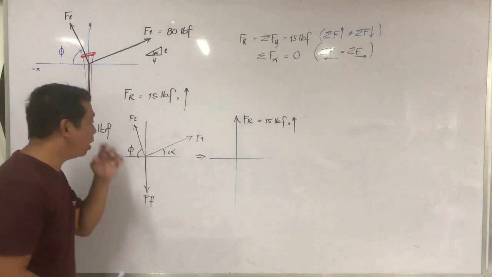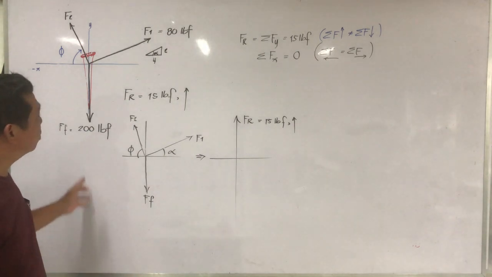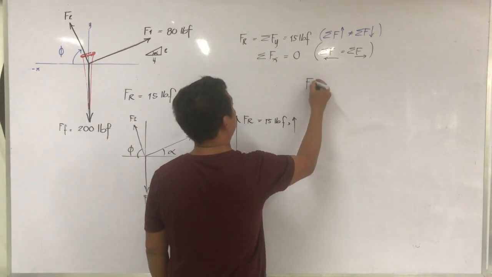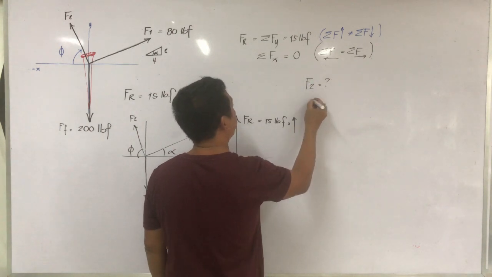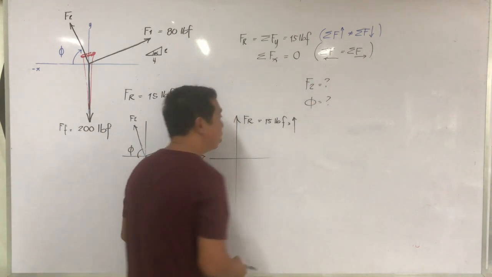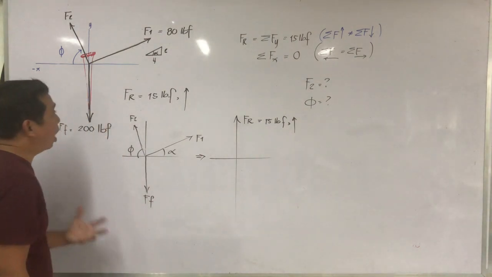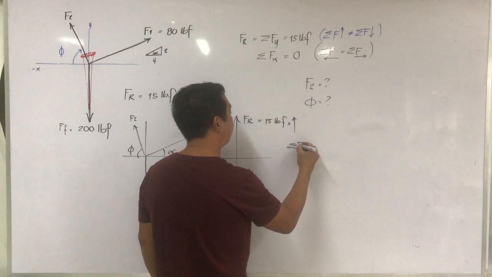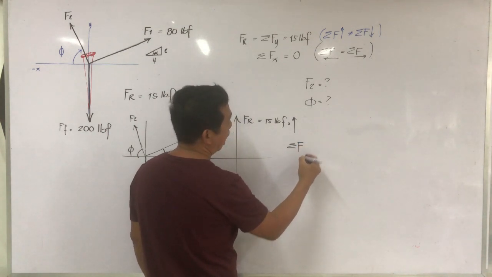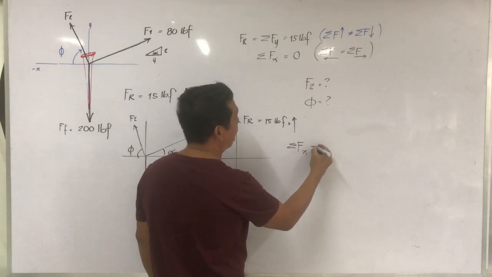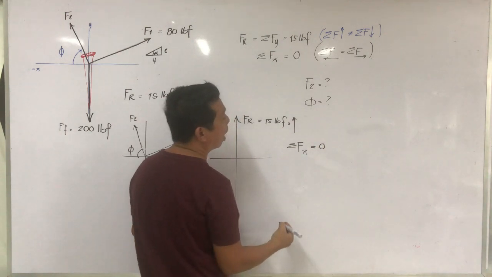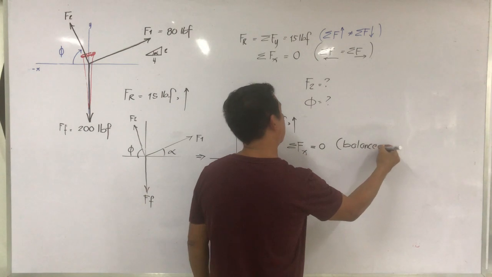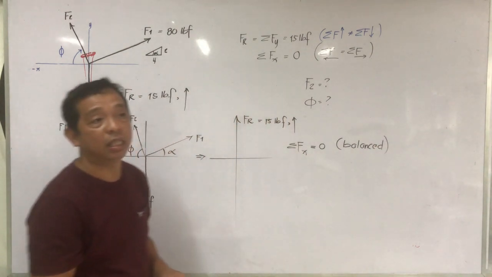So, ang gagawin natin is na dahil hinahanap ang F2 at saka yung kanyang angle phi, pwede tayo magsimula sa pagkuha ng summation ng lahat ng forces sa x-axis. At sabi natin, 0 yun. Bakit 0? Kasi equilibrium or balance yan.